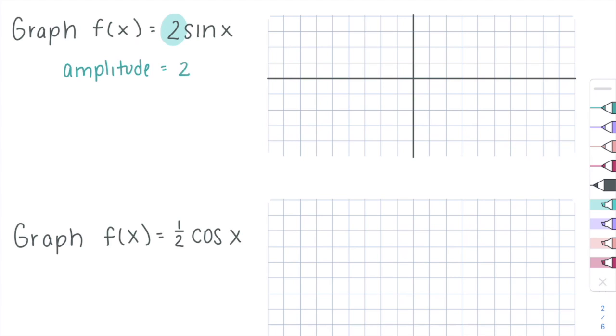So if I just draw in my original sine function, which I know starts at the origin, goes up 1, back down, down. Here's my regular sine function, and I always like to draw in my parent function and then just transform my parent function rather than trying to do it all in my head. So here is my parent function.